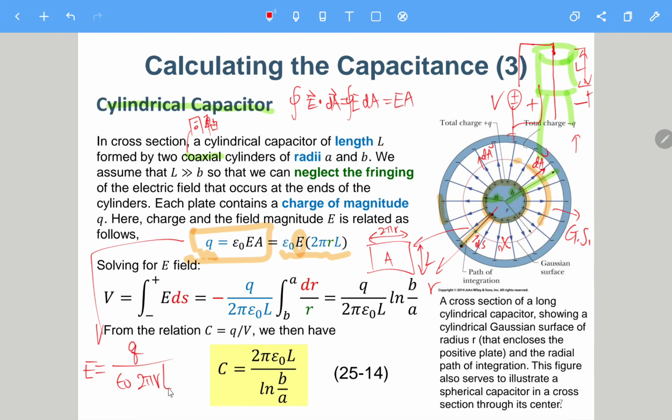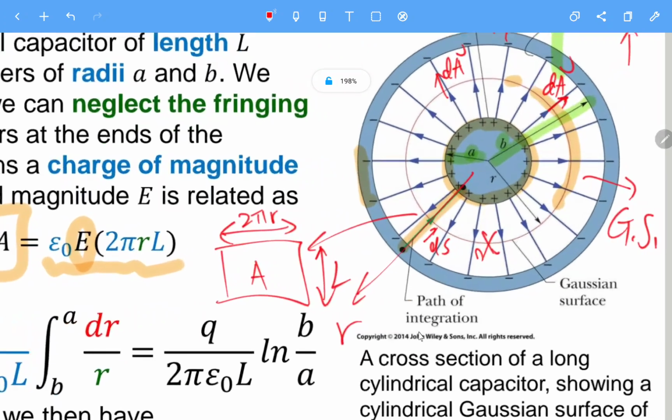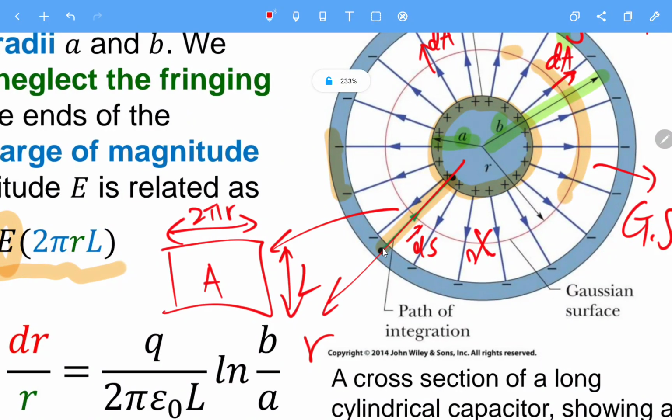L is a constant, so we can put it outside. So outside we have this one, and the negative is the B, positive is A, and then also dr and ds point to opposite directions, so we have an additional negative sign. You can see here, this is the negative plate, this is the positive plate.